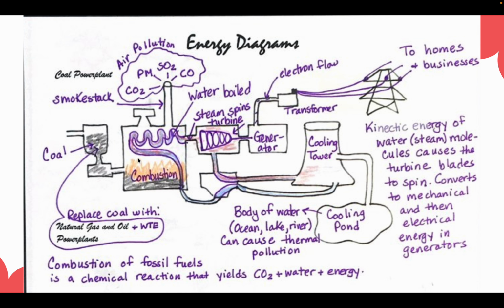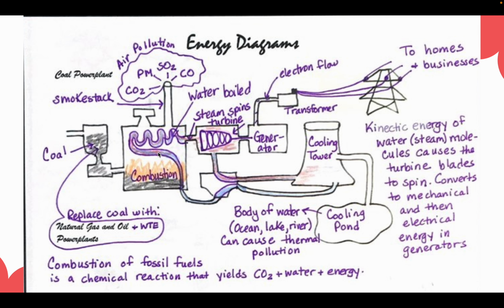All right, the furnace or boiler will have a smokestack attached to it. This smokestack directs all the other things that are produced during combustion out into the atmosphere. And this could include things like carbon dioxide, carbon monoxide, sulfur dioxide, and particulate matter. That's what PM stands for.